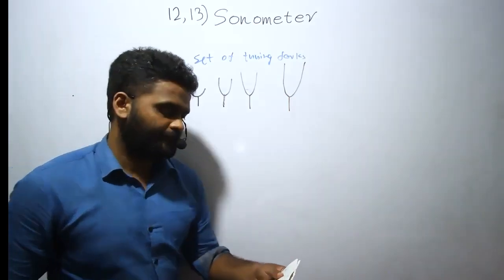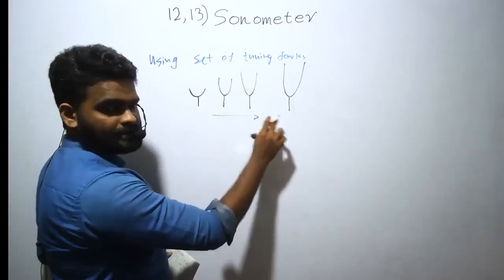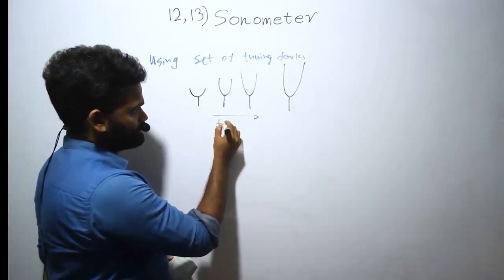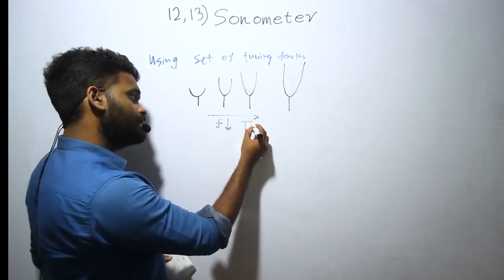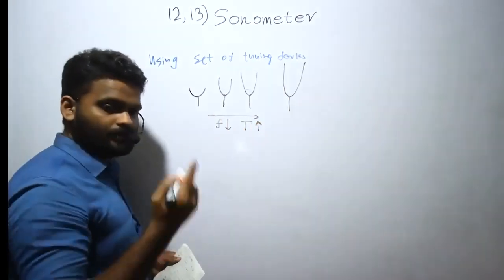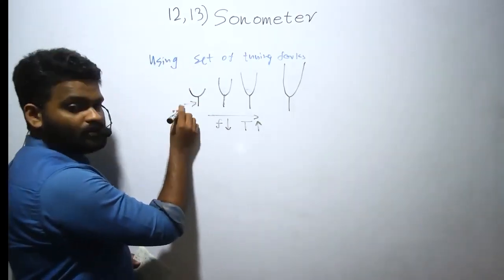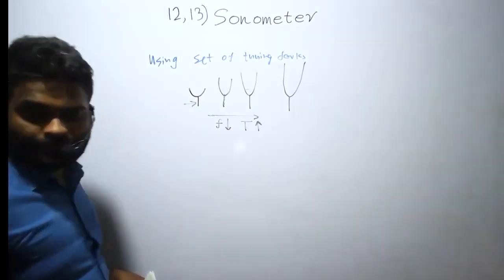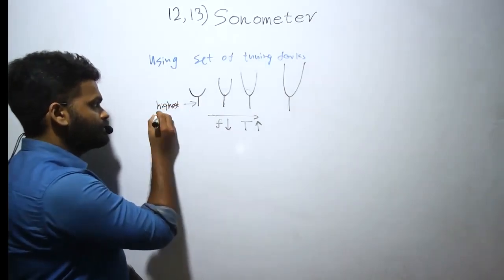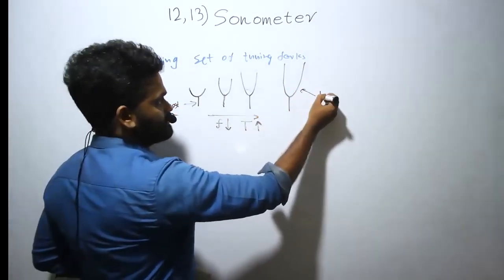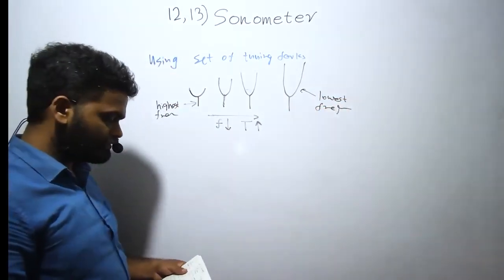So to this side, frequency decreases. Okay? Time period increases when it vibrates. So this smallest one has the highest frequency. This has the lowest frequency. Take it down.